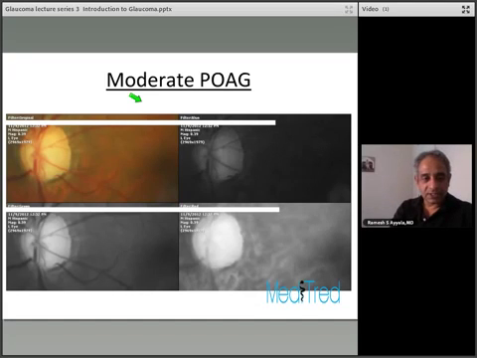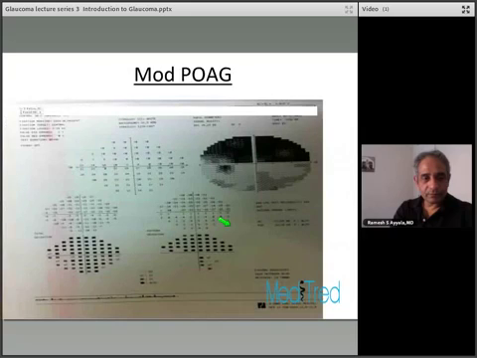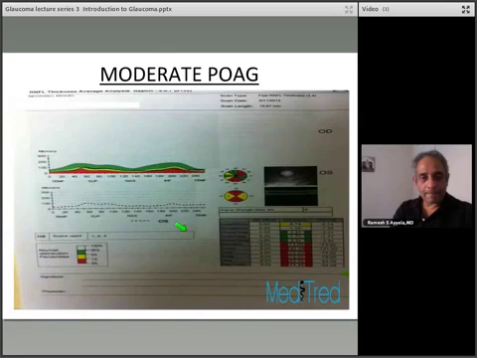As you can see, there is a fair degree of cupping that is visible, and visual fields that suggest superior arcuate scotoma, and the OCT showing thinning of the retinal nerve fiber layer.